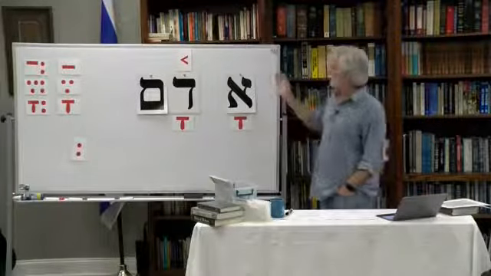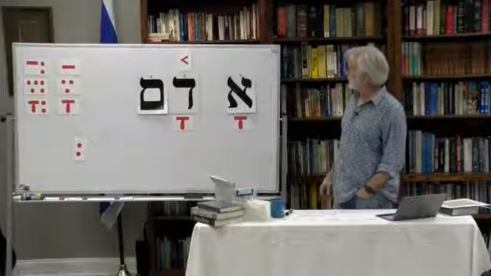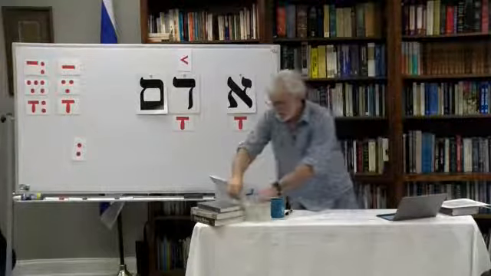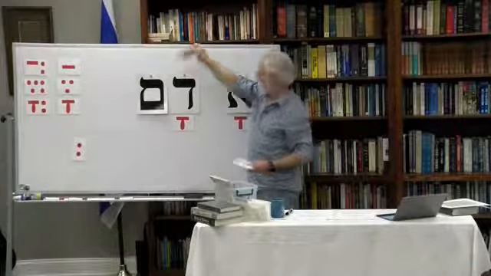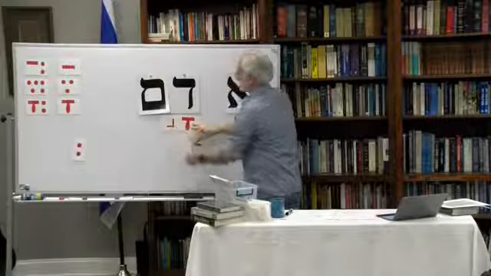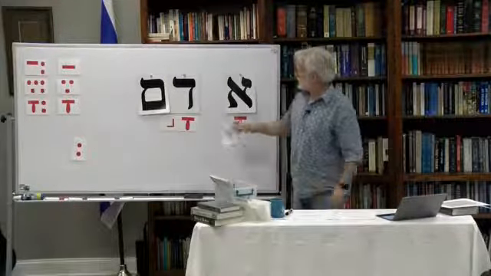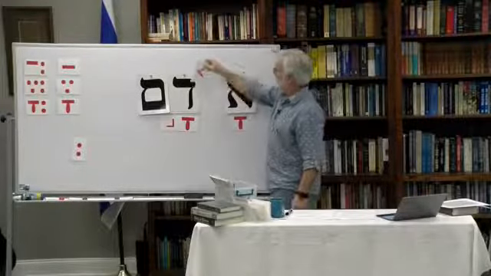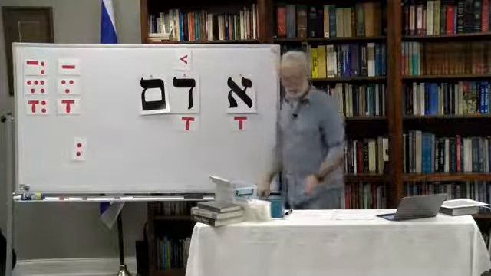But I want you to be able to recognize it and identify it in the Hebrew Bible. Sometimes it looks like this. At other times, it won't appear like this, but it will appear like this. Okay?